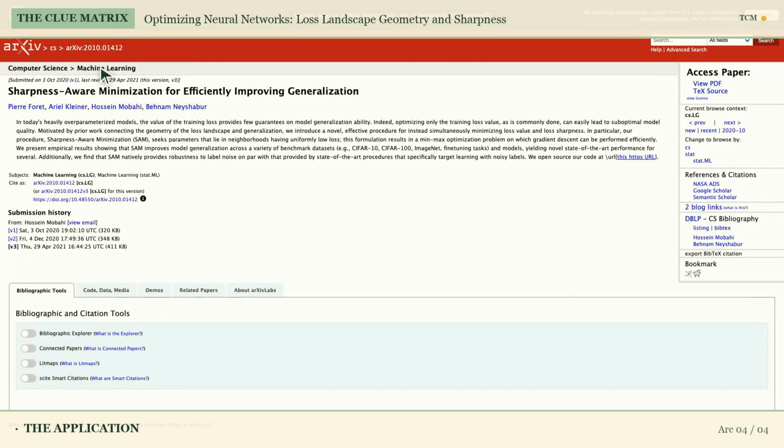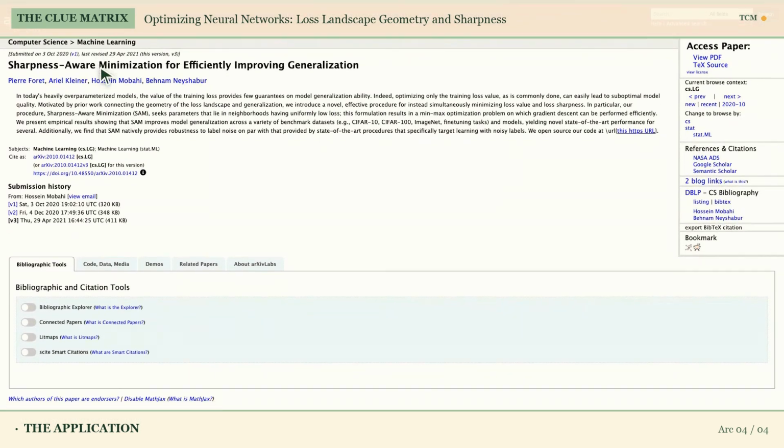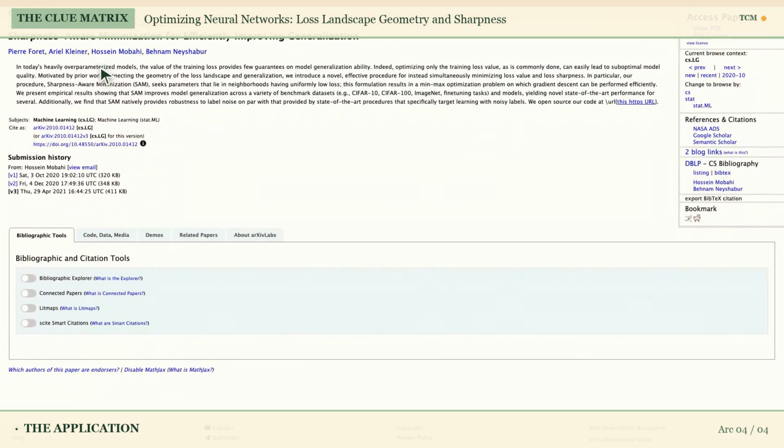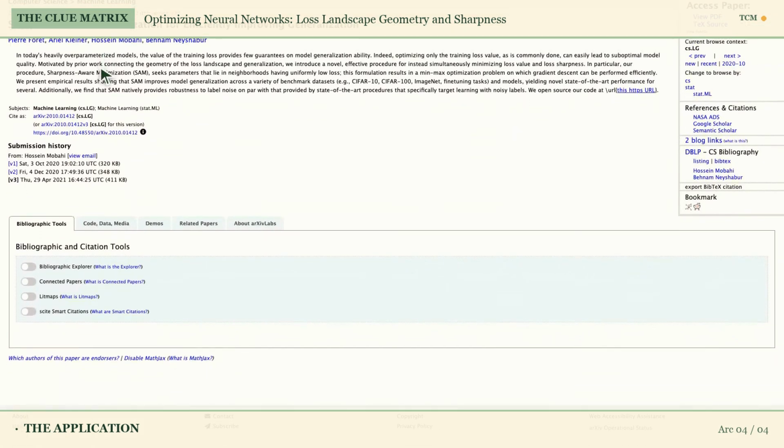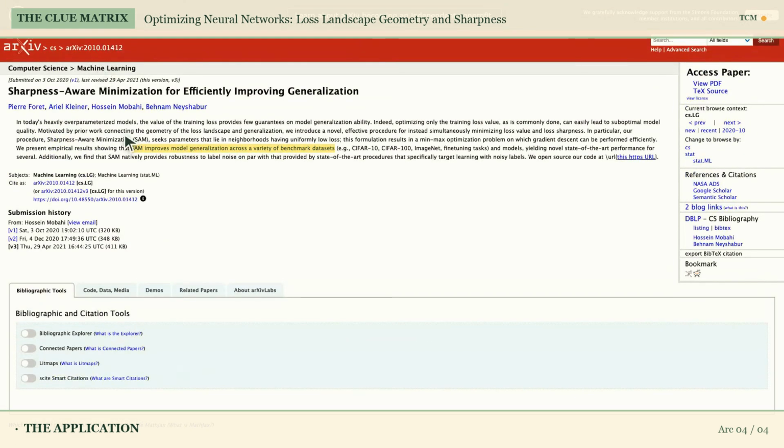The practical results of using SAM are quite compelling. The paper demonstrates that this explicit focus on flatness pays off where it matters most: improved generalization to new, unseen data. They found that SAM improves model generalization across a variety of benchmark datasets like CIFAR-10, CIFAR-100, and ImageNet.